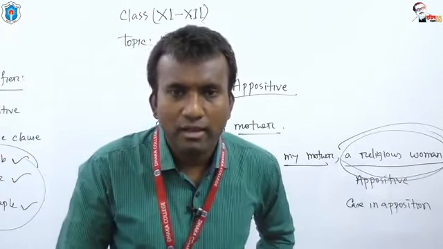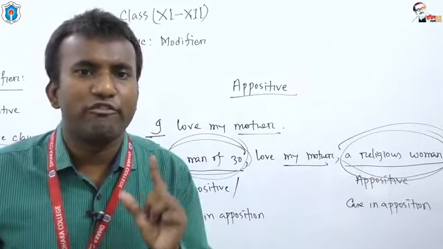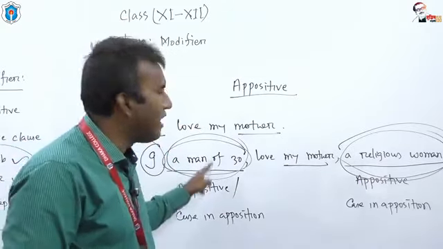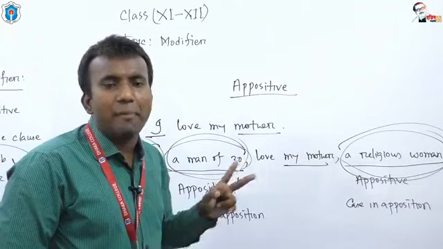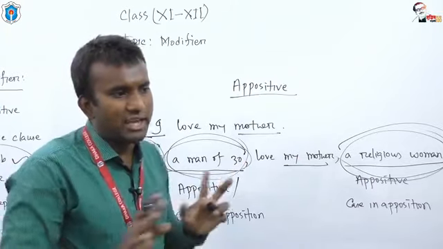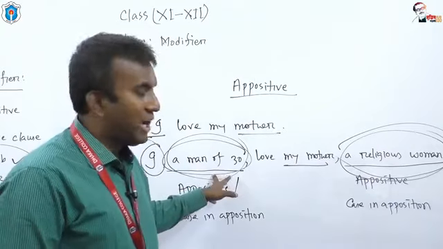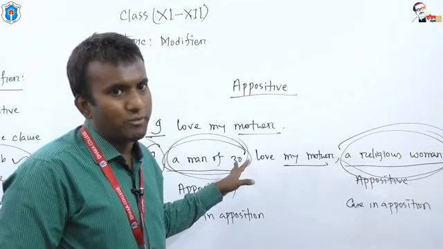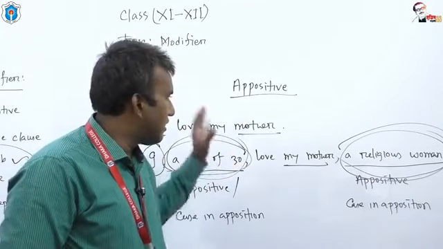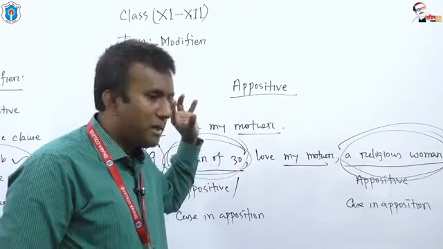They are definitely post-modifiers because they have been used after the noun. That's why we can say appositive is a post-modifier. Is it clear to you, my dear students? Try to ensure the use of comma. This is the beginning of appositive.